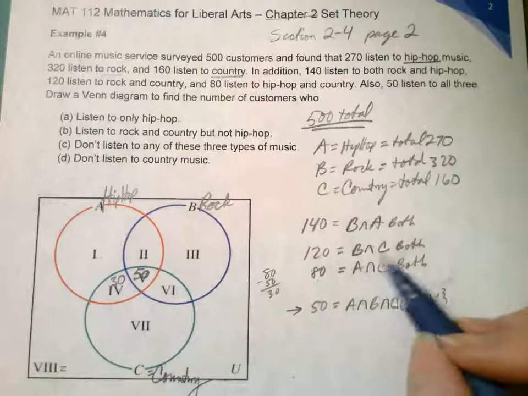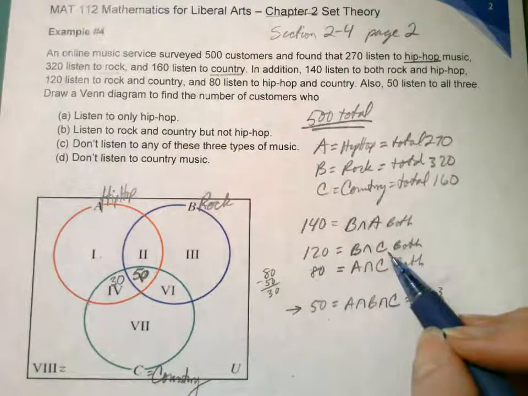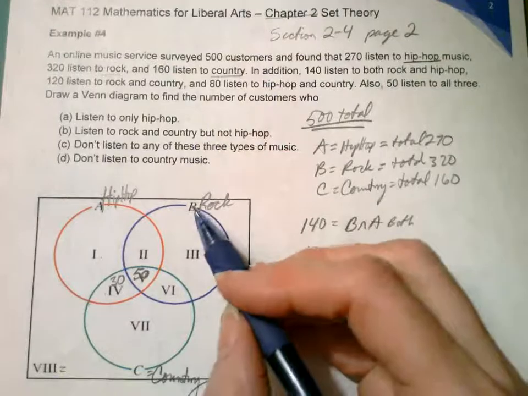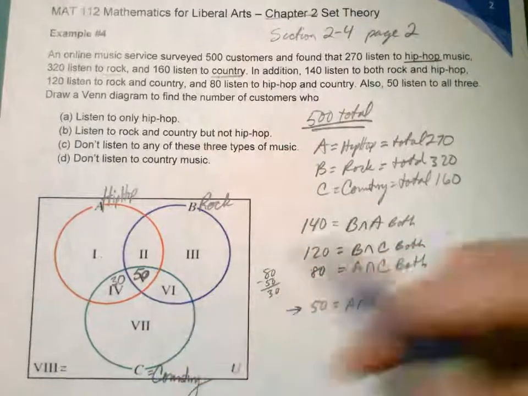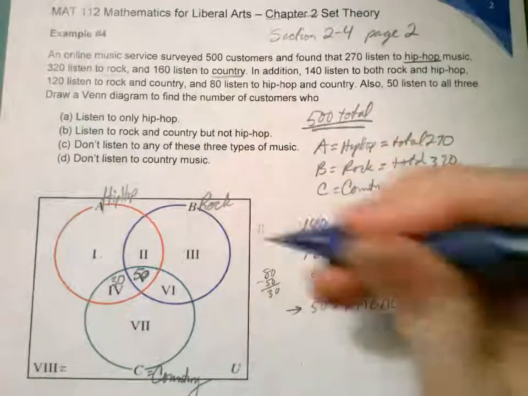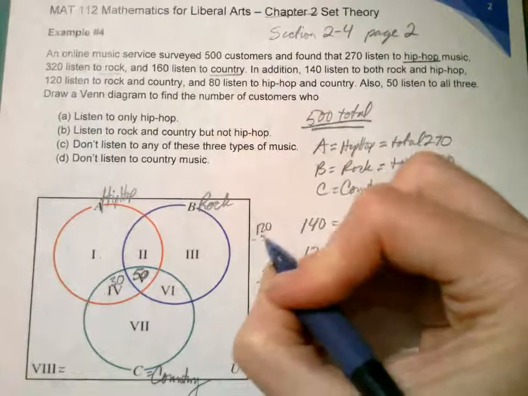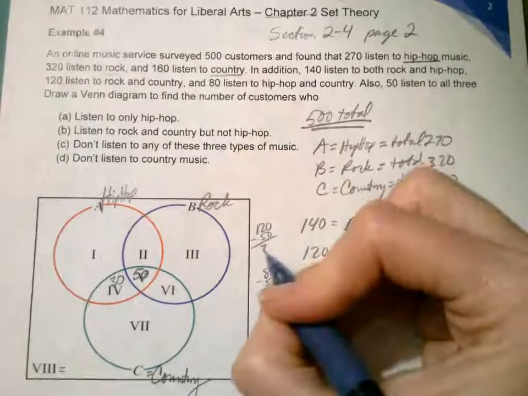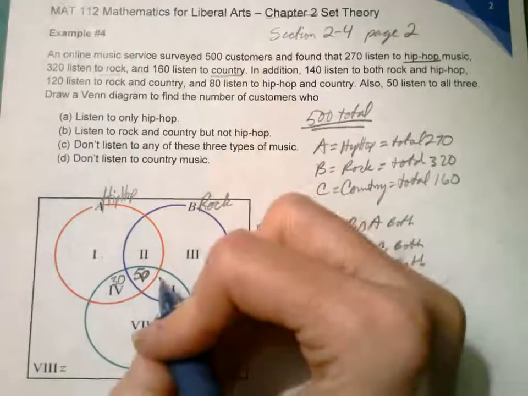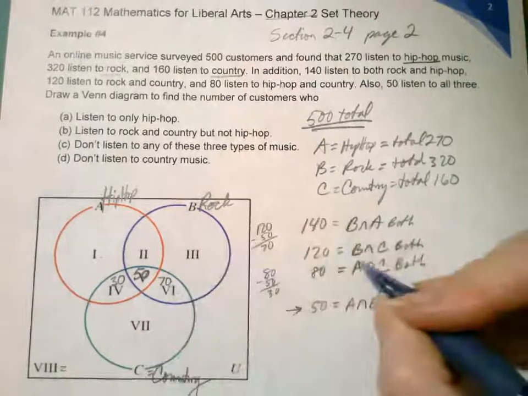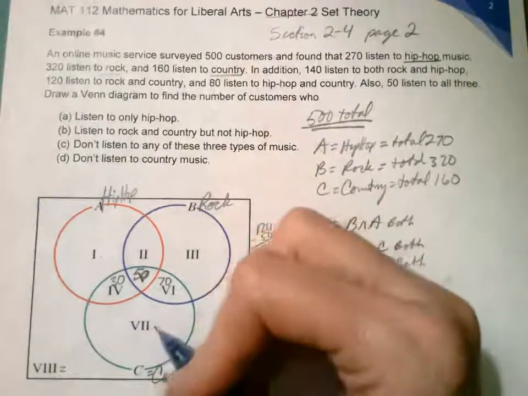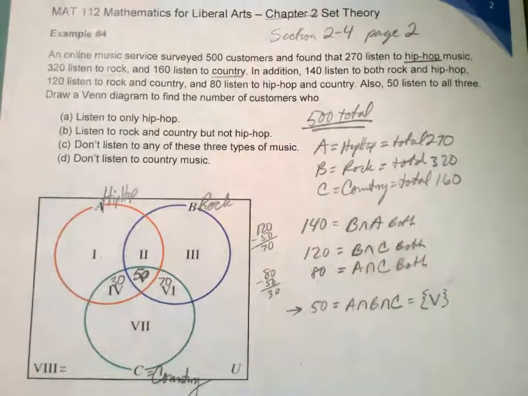Okay. B and C together is 120, and I already have 50 in that spot. So that's 70 that are left. B and C is rock and country. Yep, that's 70.